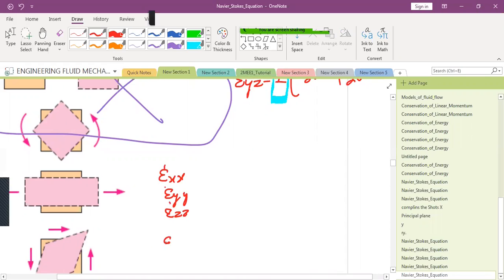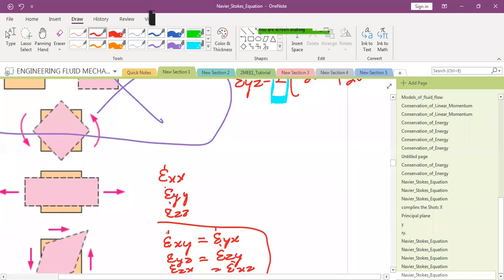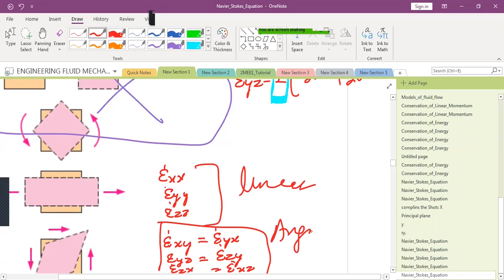And in case of angular deformation, I have Exy dot, Eyz dot, and Ezx dot. Also you will see that this is equal to E dot yx, E dot zy, E dot xz. You'll get to know why. So this is linear deformation and this is angular deformation. Any doubts to anyone?